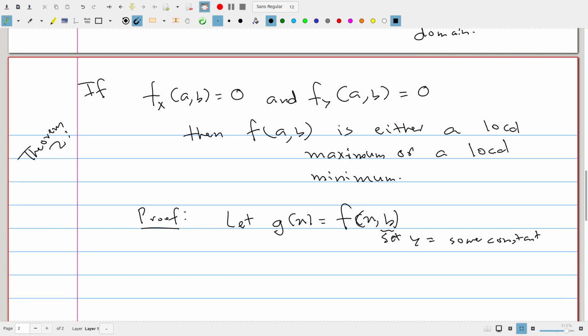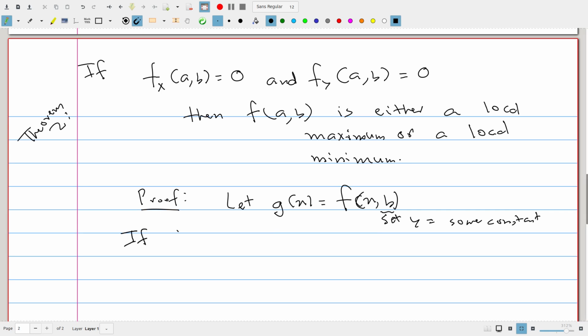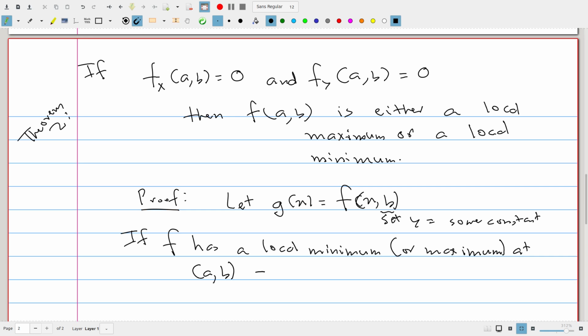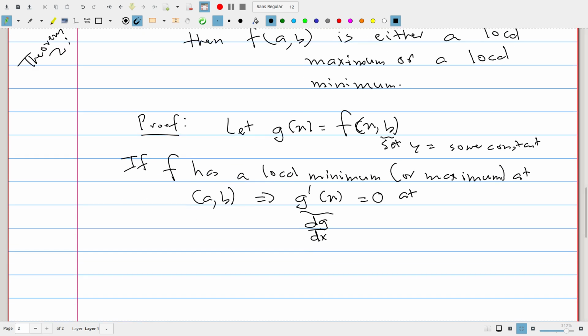Now if f has a local minimum or maximum at (a, b), what must be true? g'(x), which is dg/dx, must be equal to 0 at x equals a.